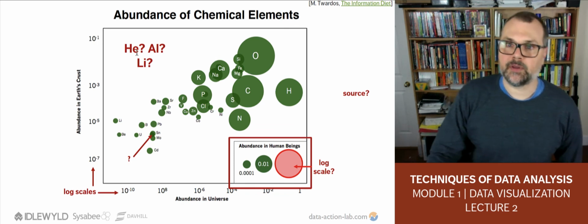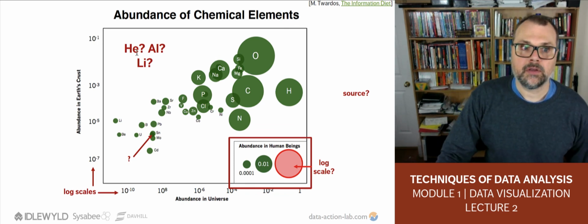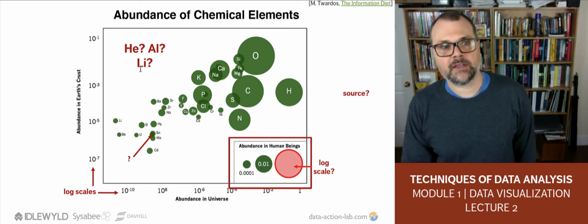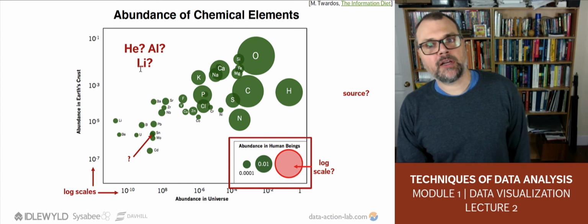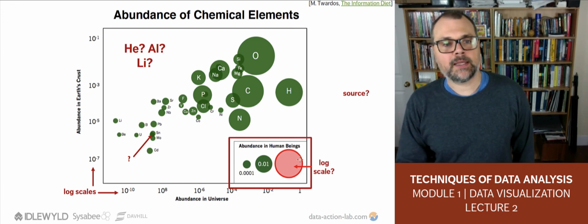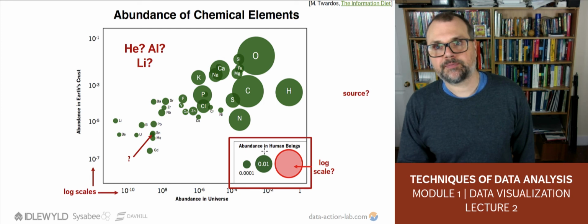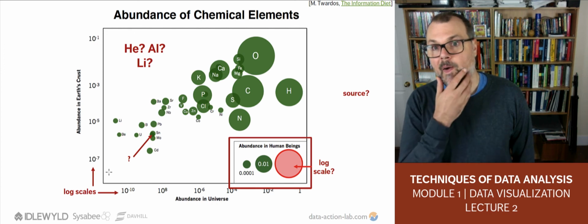Where's helium in this? Can you find the helium bubble? Look as you might, you won't be able to find it. Is it that we forgot to put it in, or is it that the abundance in human beings is so small that it's a point that doesn't have any extent? We wouldn't see it on the chart.